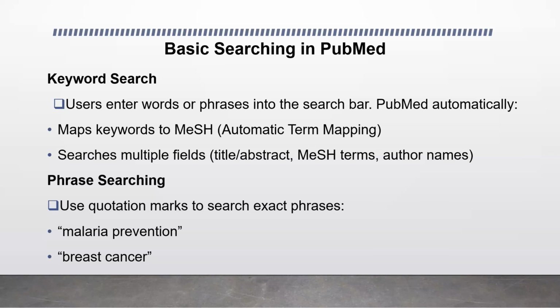It can map keywords to MeSH terms, and it can search through multiple fields like title, abstract, the MeSH terms, and the authors' names. But you can also do phrase searching in a basic search by using quotation marks to search for an exact phrase like malaria prevention, breast cancer, or maternal health. You have to put these quotation marks to search for an exact phrase.